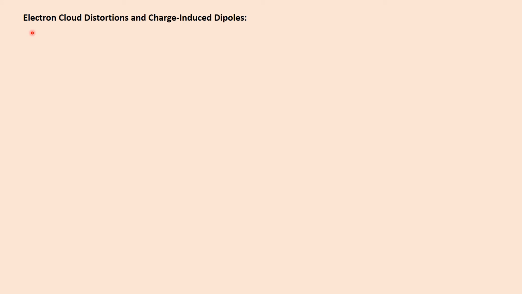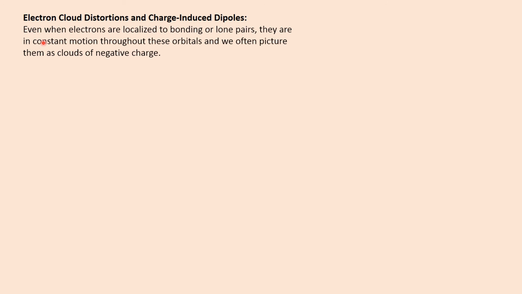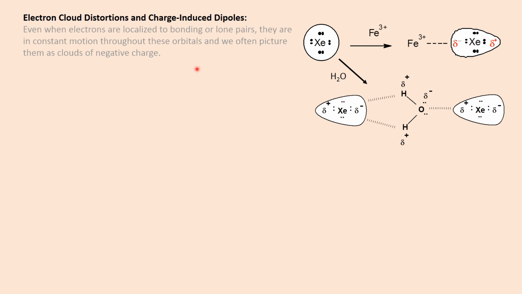Electron cloud distortions and charge-induced dipoles. Even when electrons are localized to bonding or as lone pairs, they are in constant motion throughout these orbitals, and we often picture them as clouds of negative charge. So here, this xenon atom with all its electrons can be visualized as a cloud of negative charge.